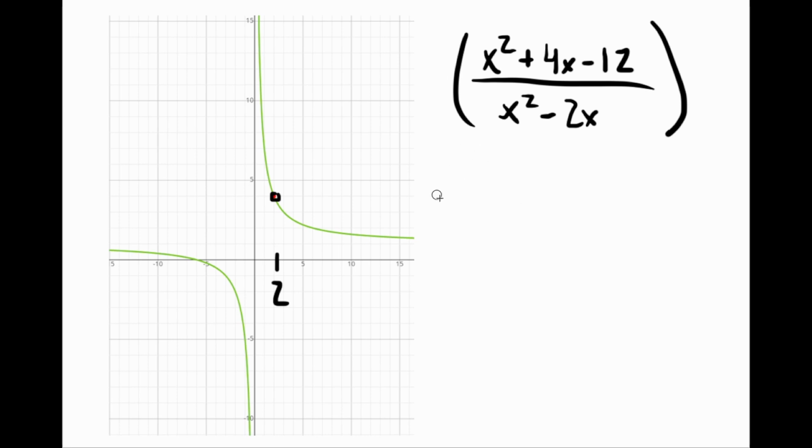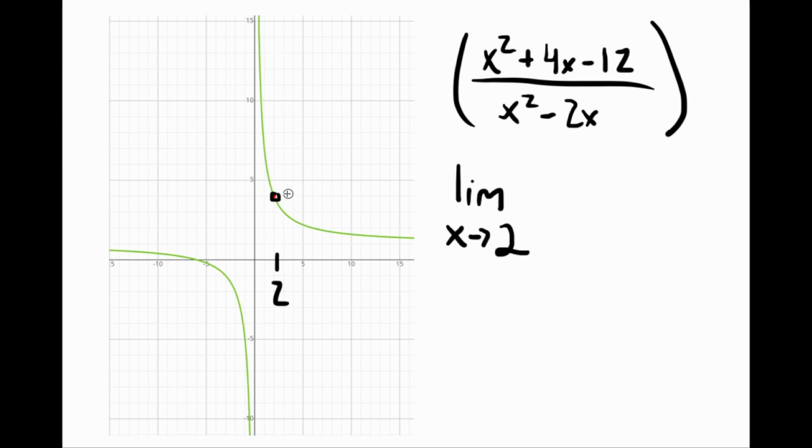Well, basically, what that question was asking, the limit as x approaches 2, wasn't asking what value it becomes at x equals 2, but rather, what does it approach? So as x approaches 2, what is the value that it comes closest towards?